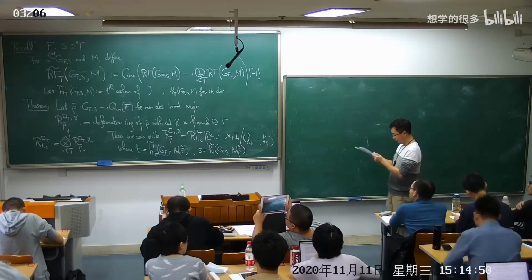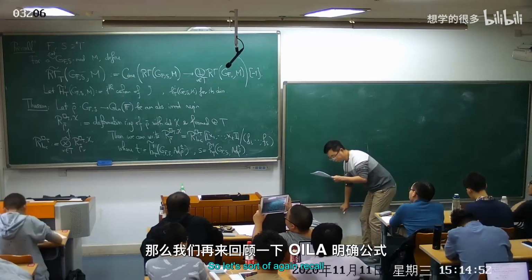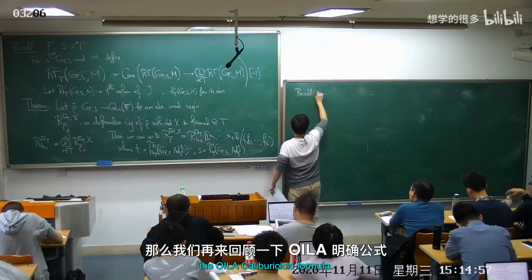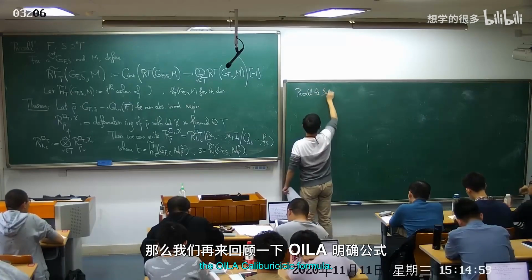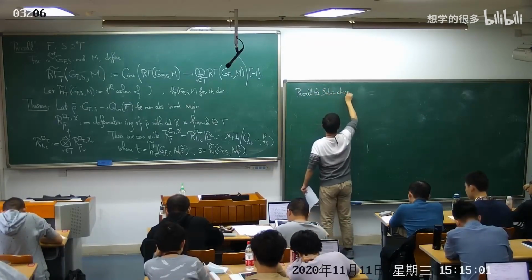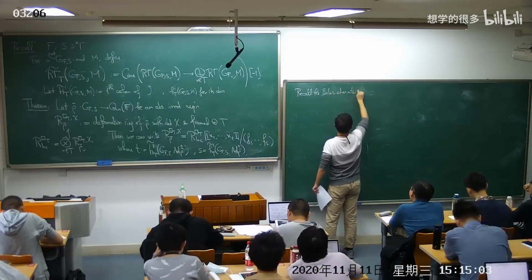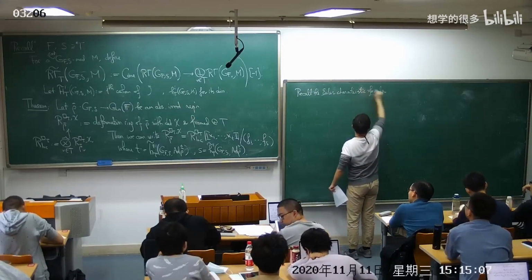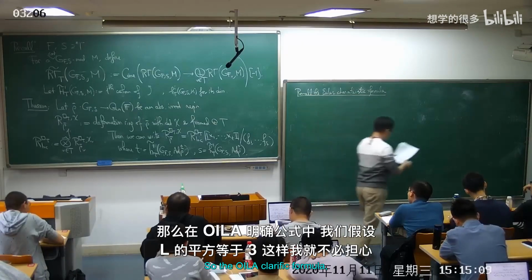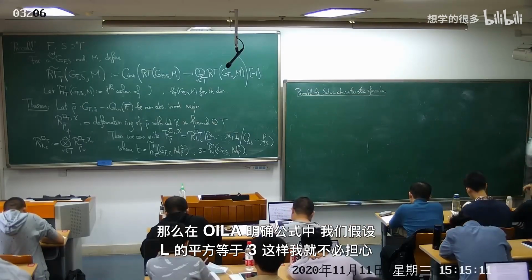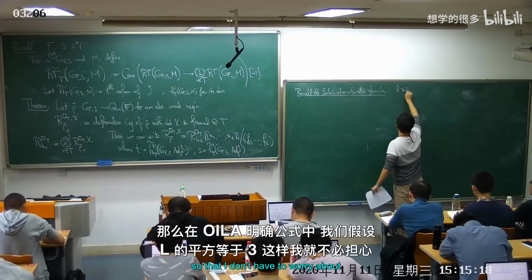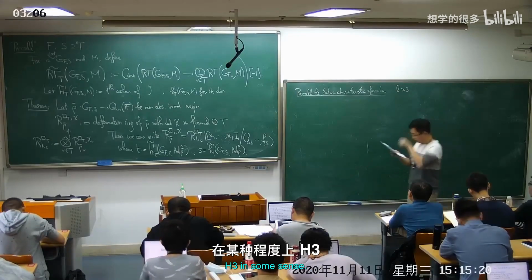Let's again recall the Euler characteristic formula. To avoid trouble, let's assume that L is greater than or equal to 3, so that I don't have to worry about H^3 in some sense.